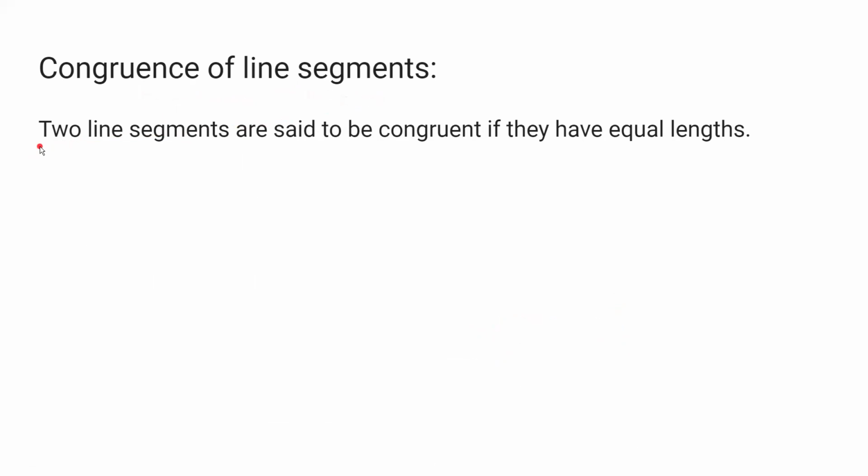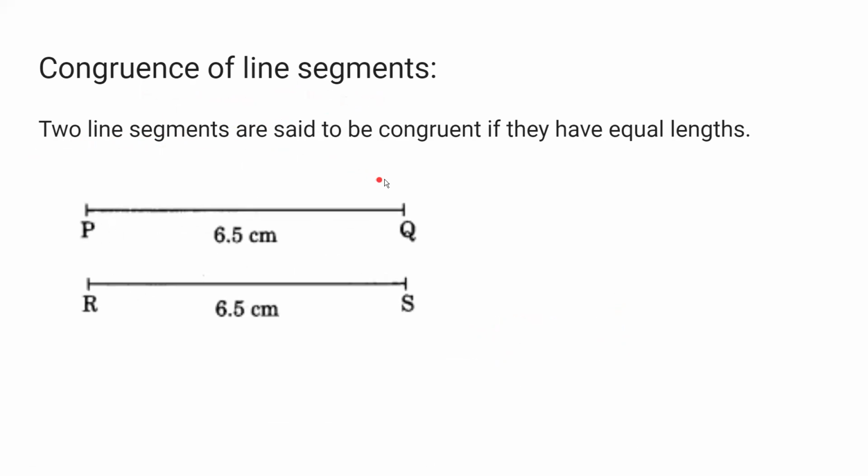Next is congruence of line segments. Now, two line segments are said to be congruent if they have equal lengths. Here we can see that line segment PQ is 6.5 centimeter and line segment RS is also 6.5 centimeter. Hence, they are congruent. Now, let's talk about these two lines. Are these two lines also congruent?